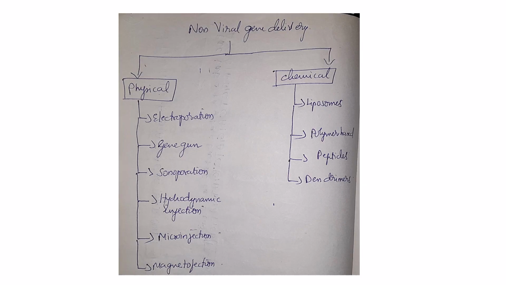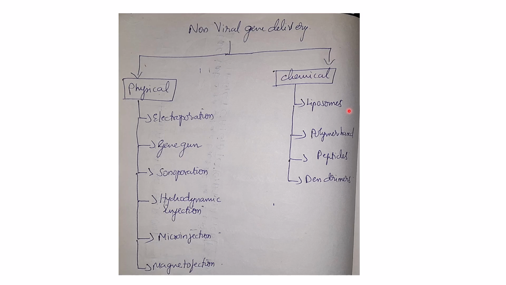Now before coming to the next question, we will see what are the various non-viral gene delivery techniques or methods. So there are 2 types, one is physical and the other is chemical. So chemical means it will use various substances to carry genetic material and deliver it into the cell. So one of the methods is liposomes or lipid nanoparticles.